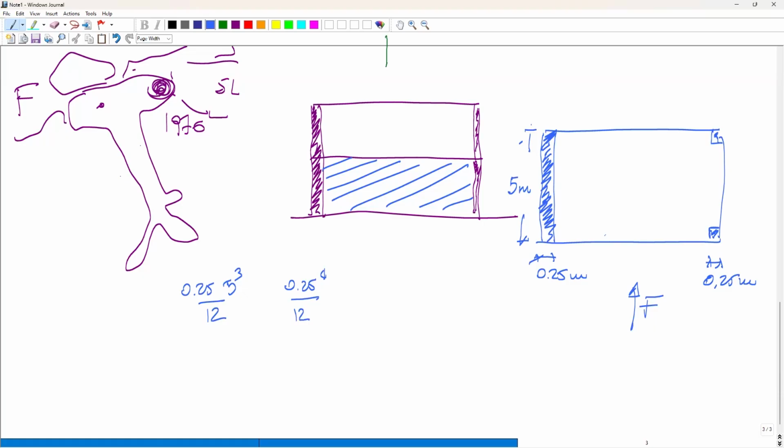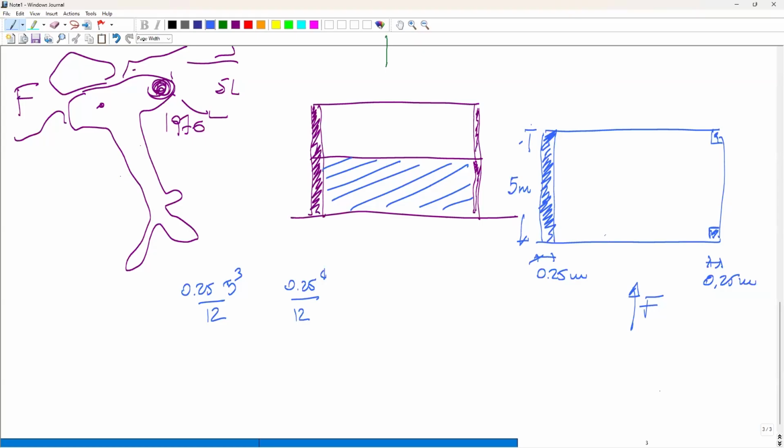So the stiffness of the wall is 5 by 0.25, which is 20, to the cube. 20 to the cube is 8,000. So the stiffness of the wall is 8,000 times the stiffness of each single column.